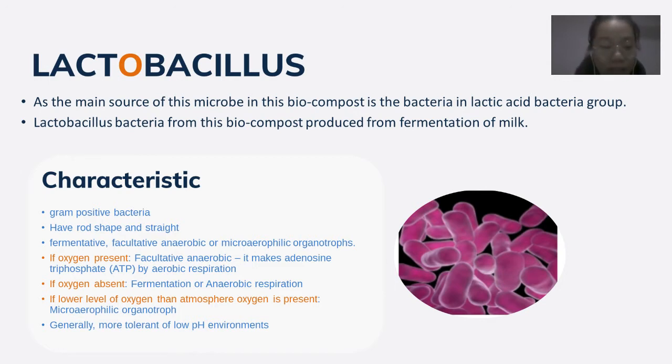If oxygen is absent, the bacterium will switch into fermentation or anaerobic respiration, and it can also switch into microaerophilic organotroph, especially when the oxygen level in the soil is lower than the atmospheric oxygen. Generally, lactobacillus is more tolerant of low pH environments.